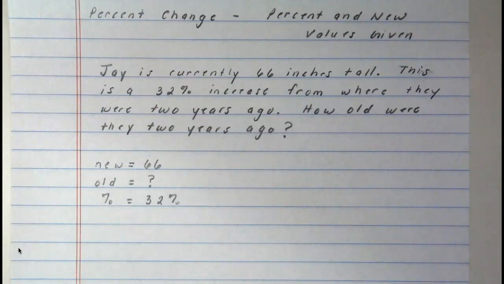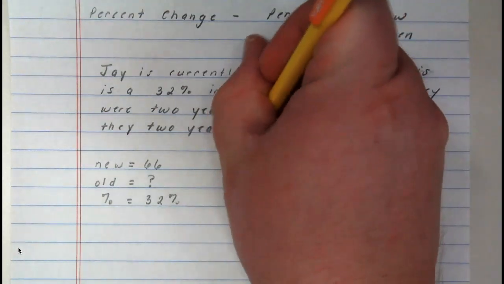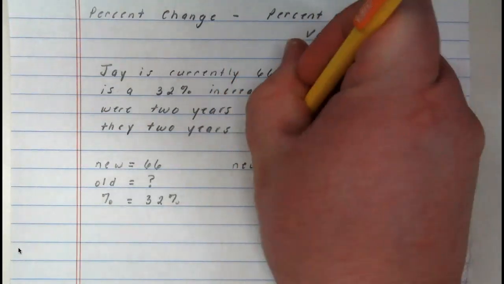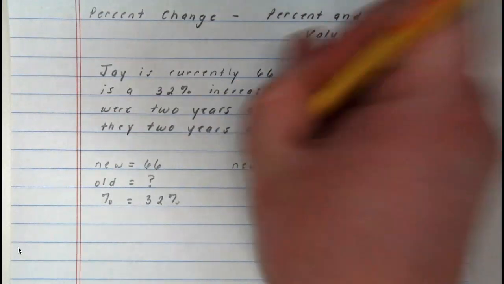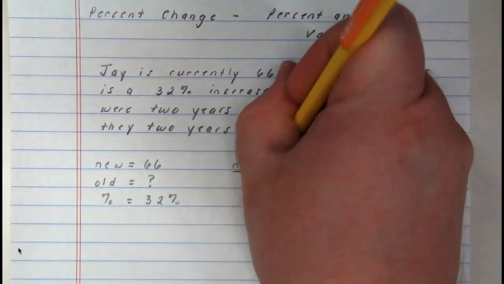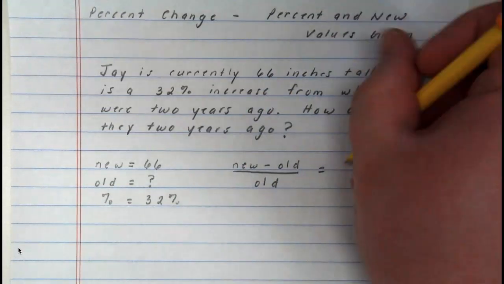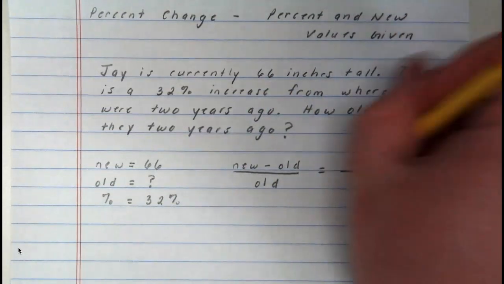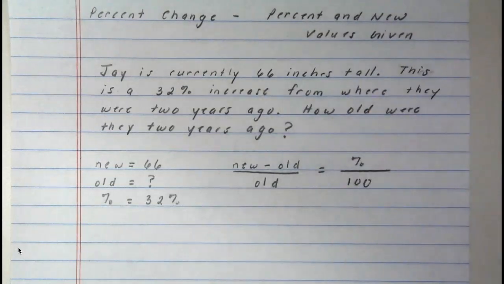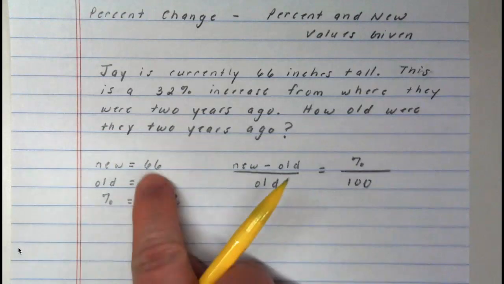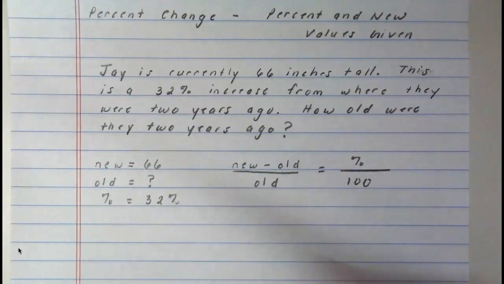So when we plug it into our formula, we need to remember that it's new amount minus the old amount over the old amount equals percentage over 100. So we know the new amount is 66, so we're going to plug that in where it says new.